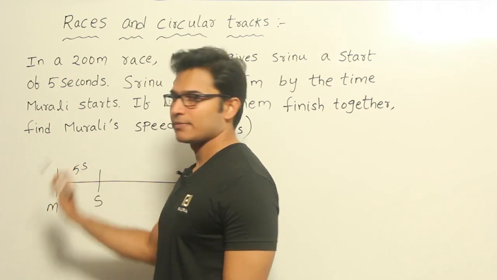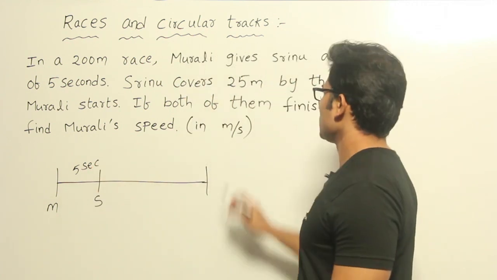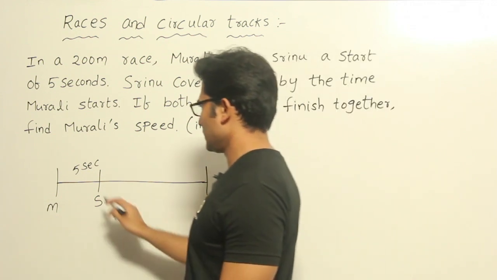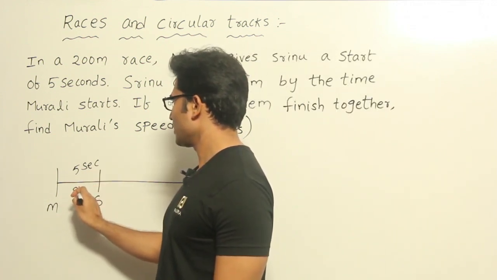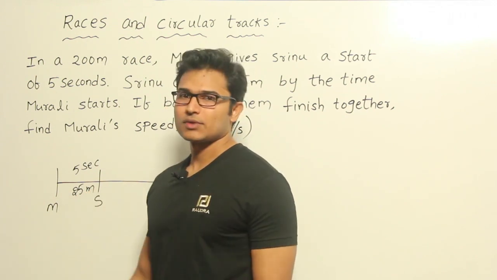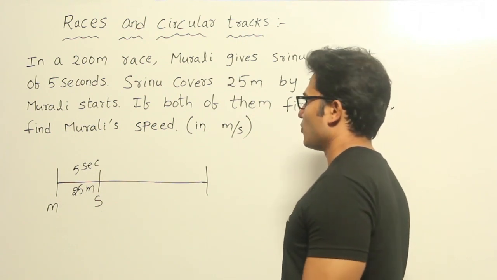That is the meaning of it. Now Srinu covers 25 meters by the time Murali starts, which means in this 5 seconds Srinu is covering 25 meters. Got it?